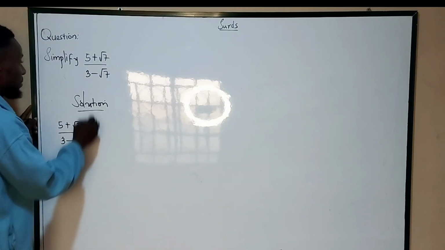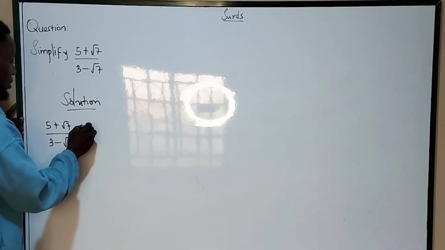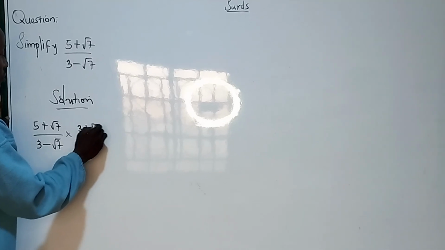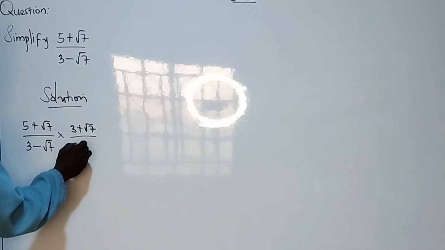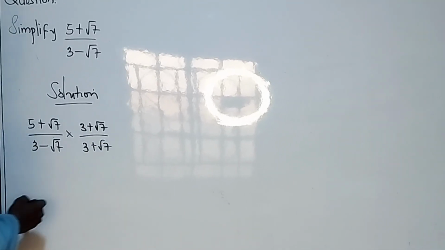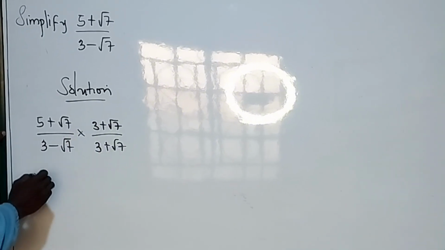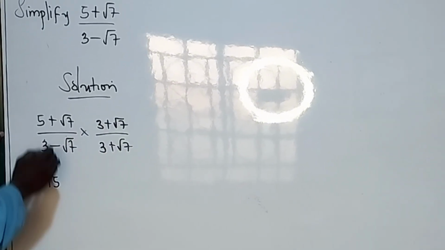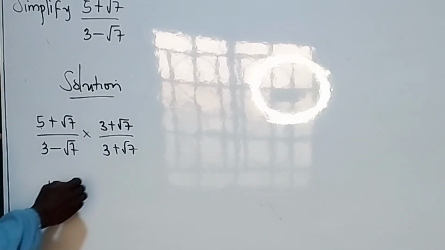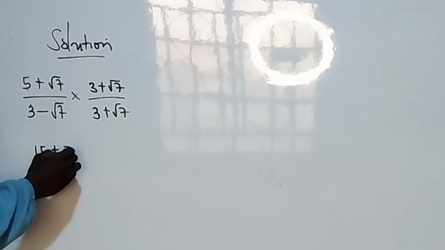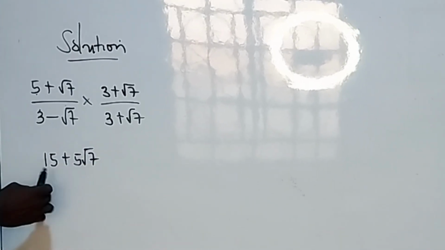So from here, we multiply by the conjugate, which is 3 plus root 7 over 3 plus root 7. What do we do from here? 5 times 3 gives us 15. 5 times plus root 7 will be plus 5 root 7.